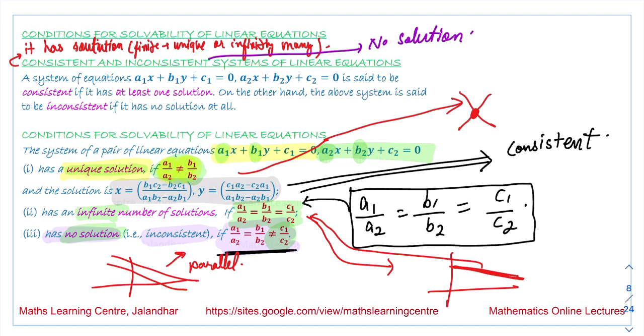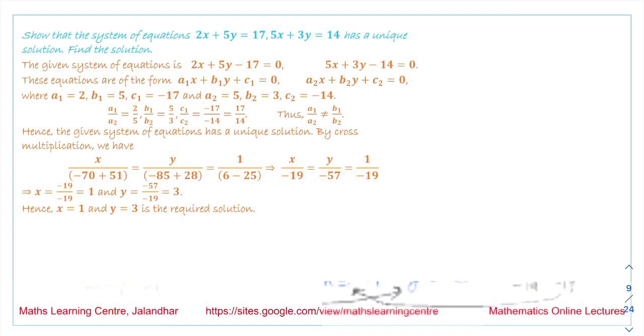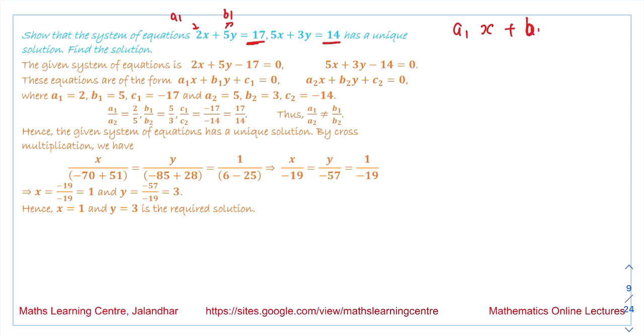So this is a problem based upon this. A system of equations is given and we have to show that this system has a unique solution and we have to find that solution. If we look at these values, this is the value a1, this is b1. Now we have to write the equations in the form a1x plus b1y plus c1 is equal to 0.